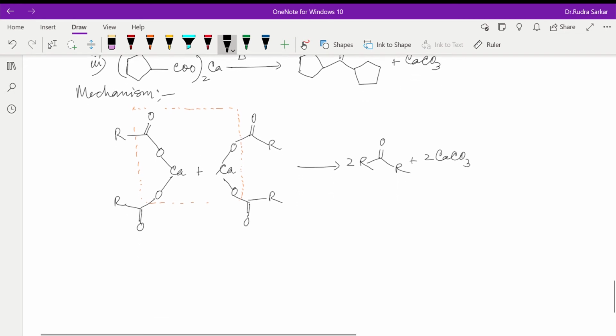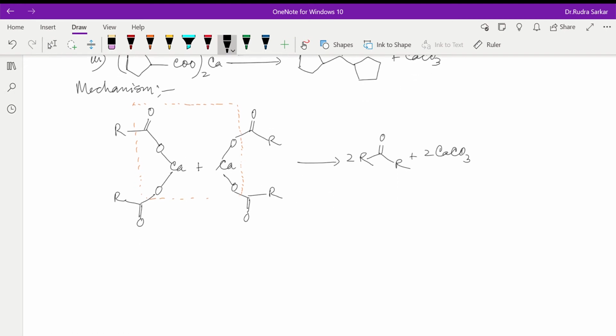Now, if the molecule itself has both the carboxylate groups, say something like this, then again, just remember what I have told you. Take out CaCO3.